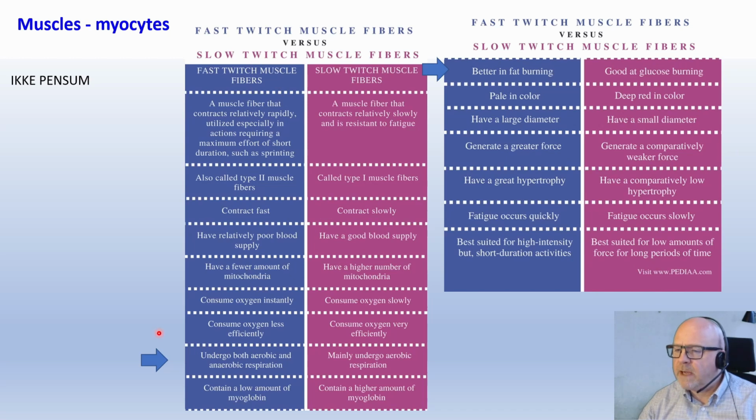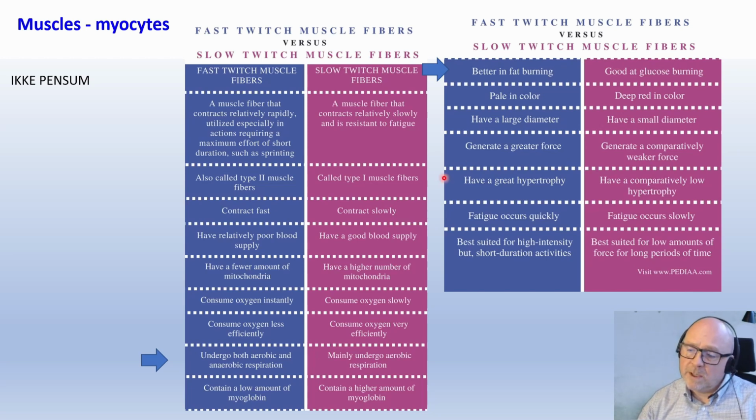The fast twitch muscle fibers undergo aerobic and anaerobic, whereas the slow twitch mainly undergo aerobic. The fast twitch are better at burning fat, and the slow twitch prefer glucose burning. So they have substrate preference differences, let's say.